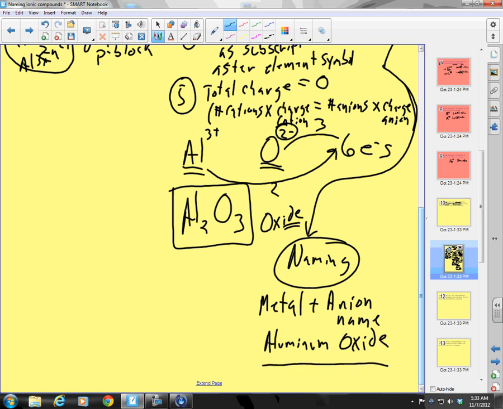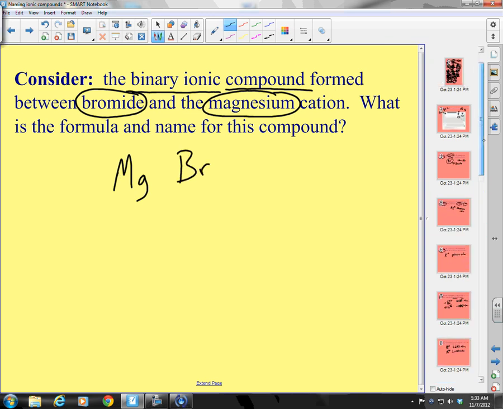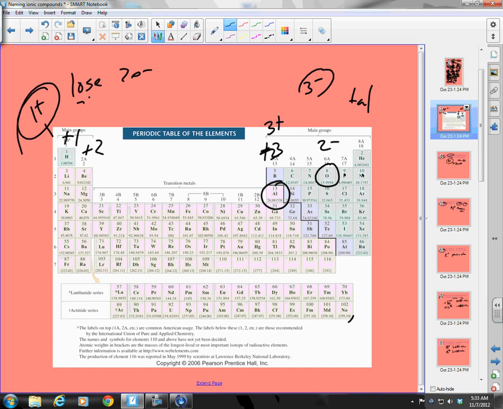Good. All right. Back to our question. Magnesium and bromide. So I have a magnesium. Metal goes first. My bromine is going to go second. What are their charges when they are ions? Here's magnesium. It is a 2 plus. Here's bromine.